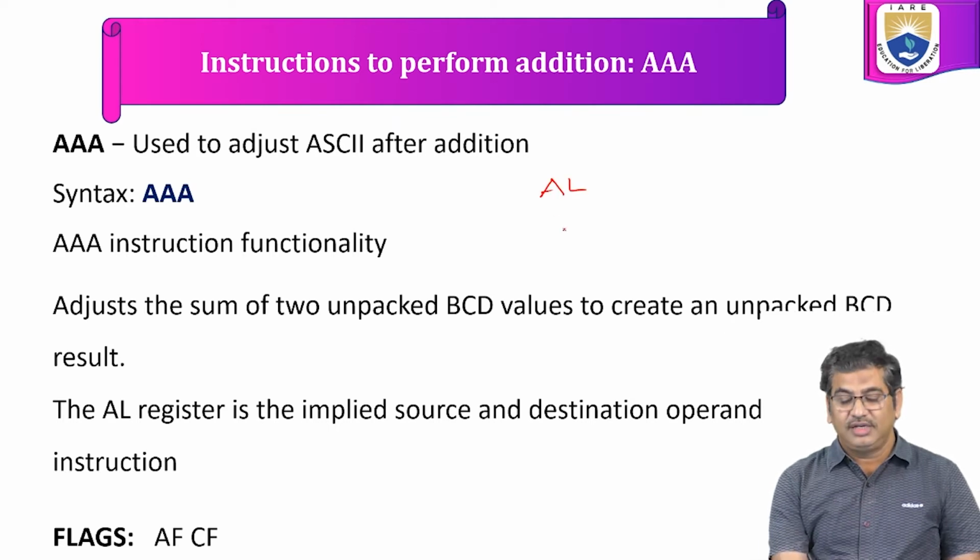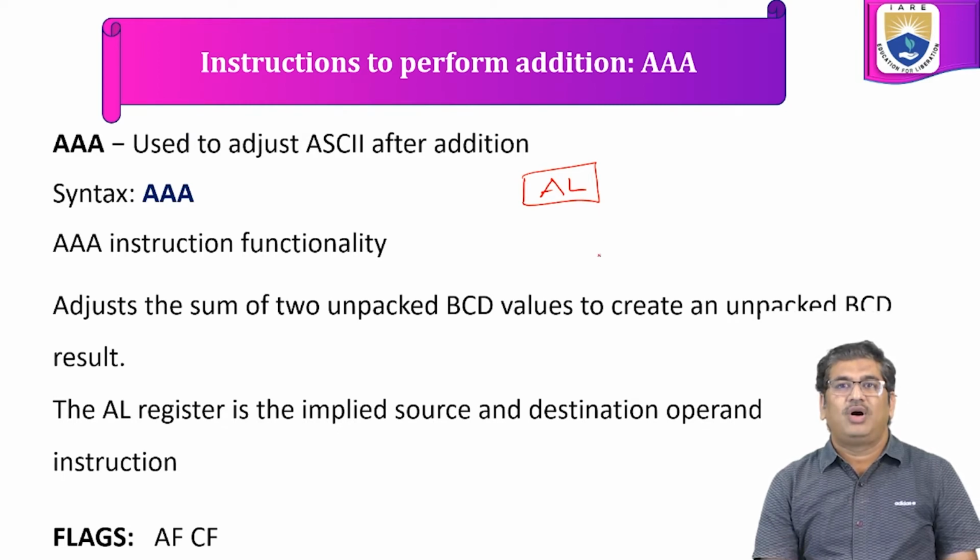Whatever the contents of the AL register, which will be in the form of unpacked BCD, will be converted into a valid unpacked BCD value. So this instruction adjusts the sum of two unpacked BCD values to create a valid unpacked BCD result.